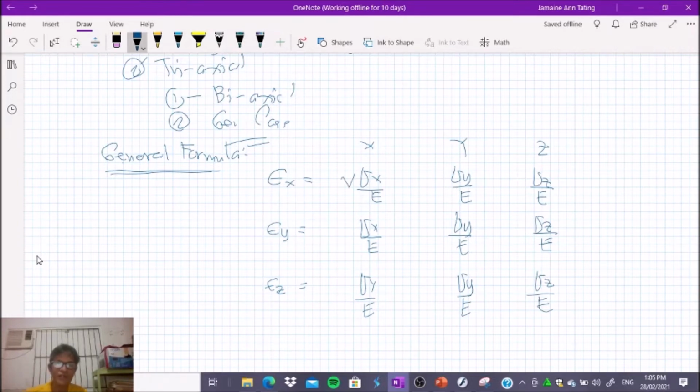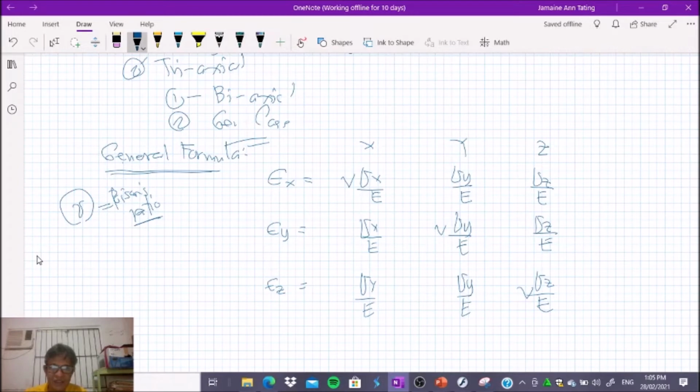By the way, before we start, tinatawag natin na yan is V is the Poisson's ratio. Okay, may definition yan. Then ito, lalagyan ito ng V or U, depende sa definition, that is the Poisson's ratio.